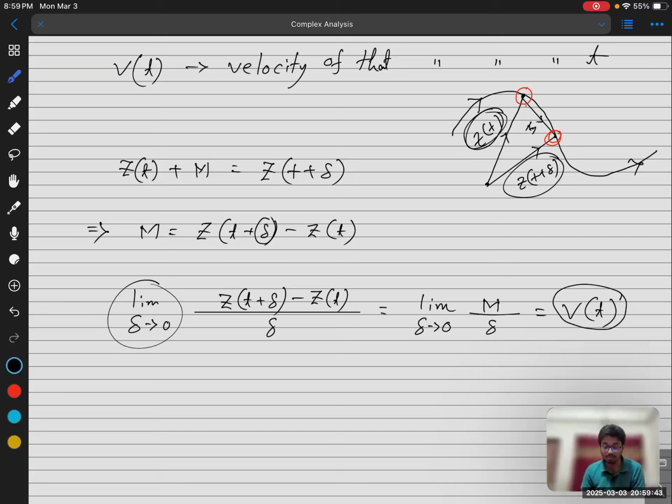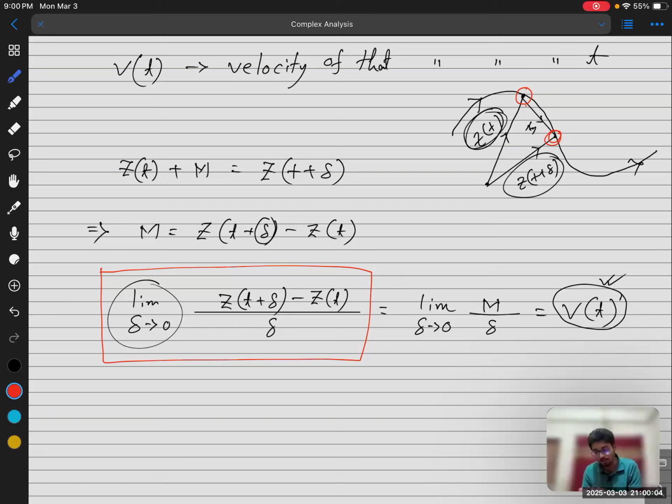That means as we are considering delta tends to 0, this will be represented by the velocity of that particle at time t. But look at this equation. Can't we say that this is the basic definition of a derivative of a real valued function?